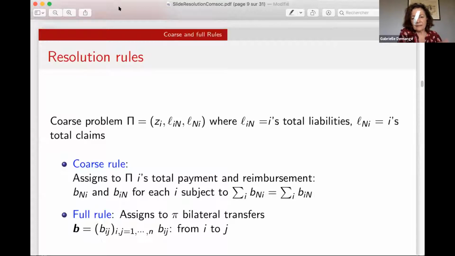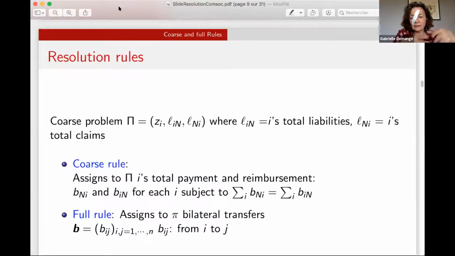In that case, the problem is given by the external values, the total liabilities, and total claims for each firm. And then one can define either a coarse or a full rule. A coarse rule is where the regulator assigns to a coarse problem what each firm must repay or will obtain.